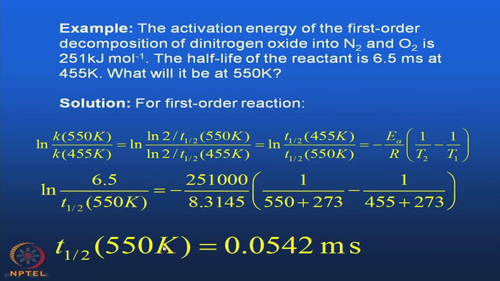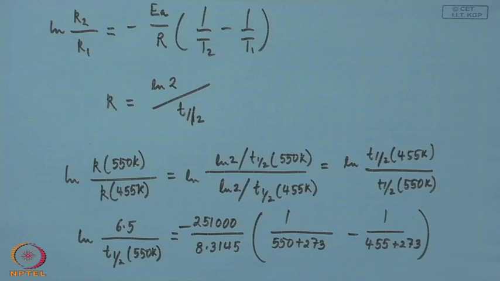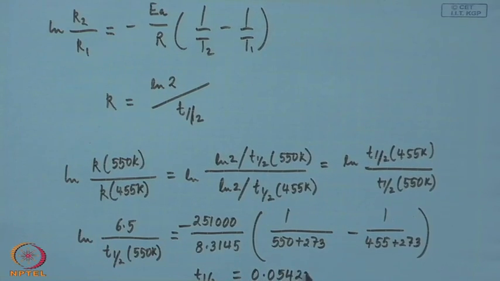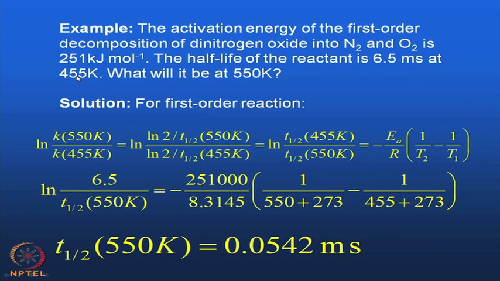It is a typographical mistake anyway. If you do this calculation, then T half comes out to be 0.0542 millisecond.